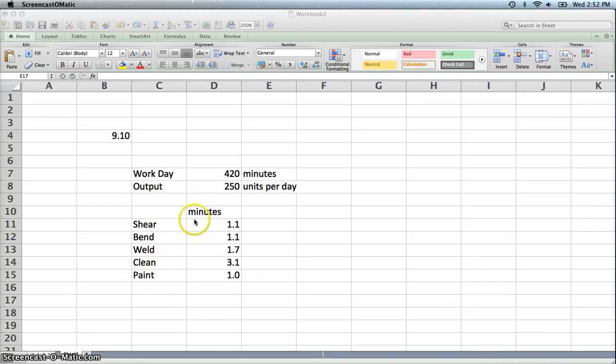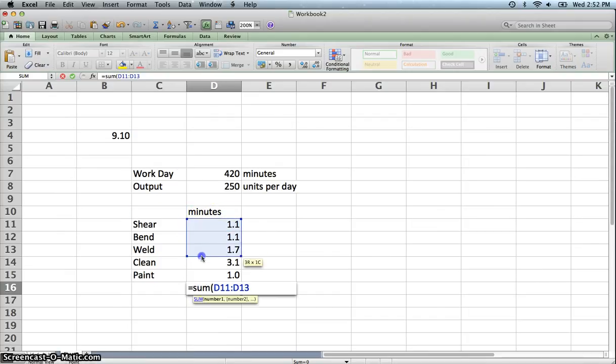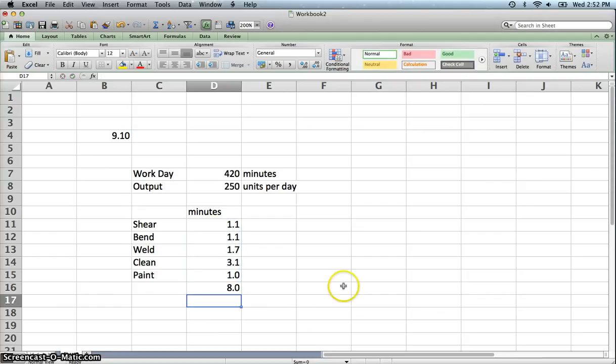If one worker were to do this, it would take them a total number of minutes. Let's calculate that out because we need that piece of information. The sum of time, if one person were to do this, would be 8 minutes total.